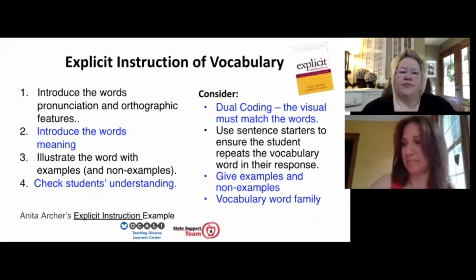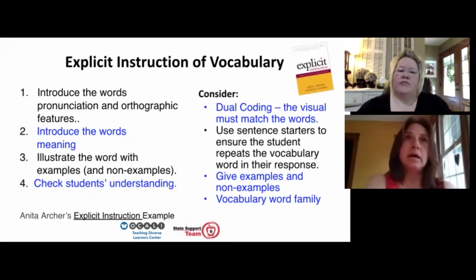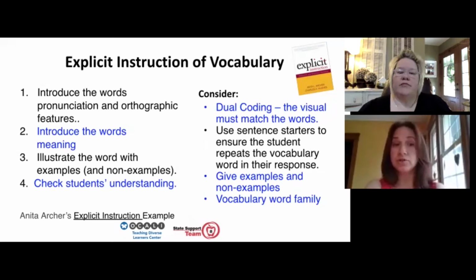So we talked in video number 2 about explicit instruction of vocabulary, and Anita Archer's book, Explicit Instruction in specific.